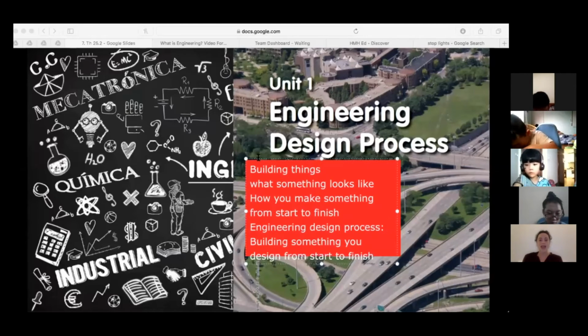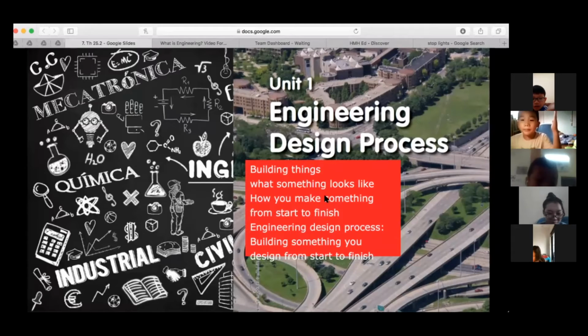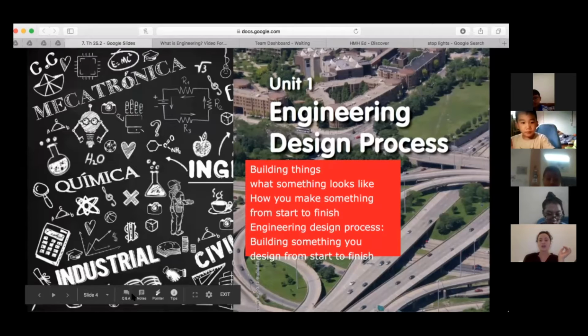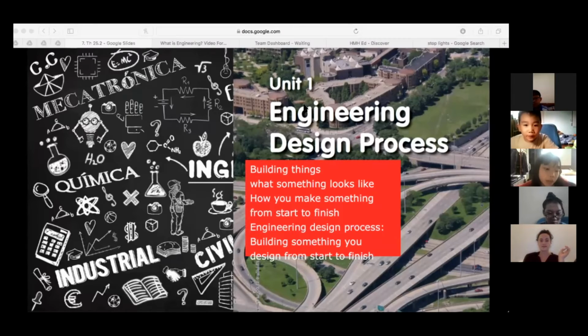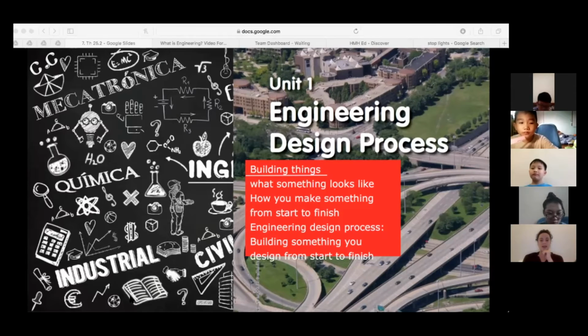All right, so engineering. Everyone unmute and say engineering. Engineering. I want you to say engineering, building. Engineering. So engineering is building things.